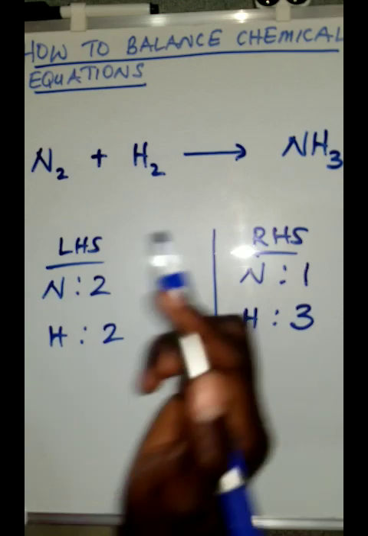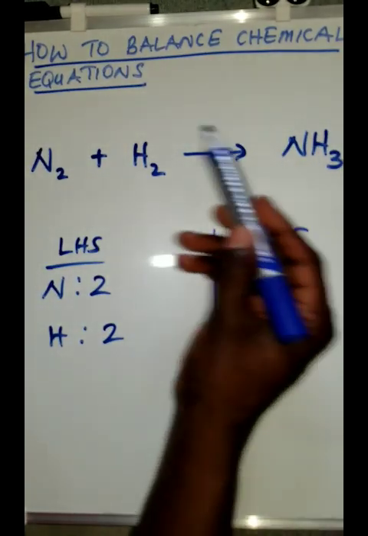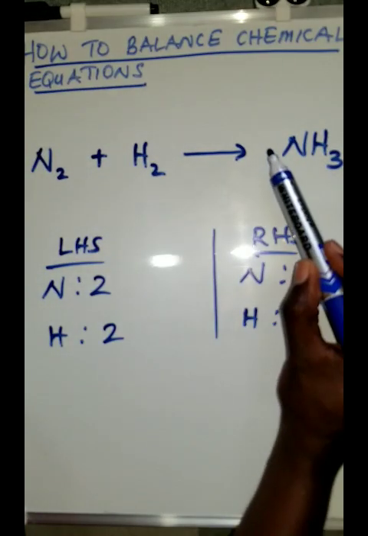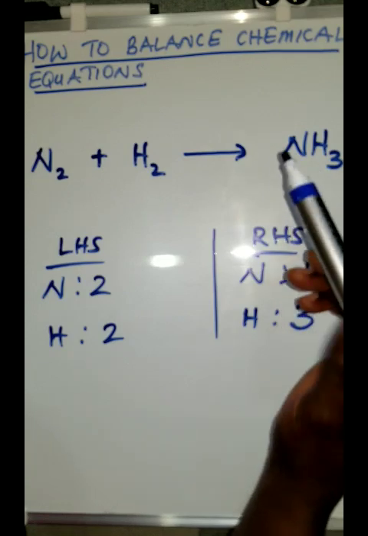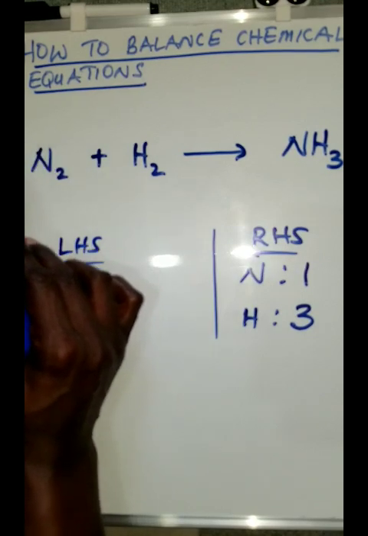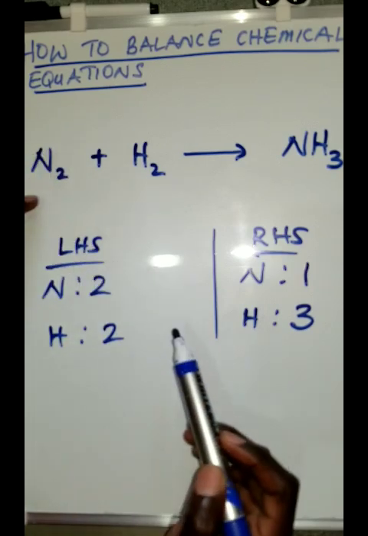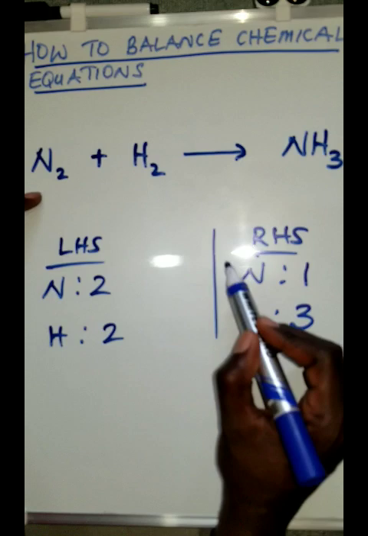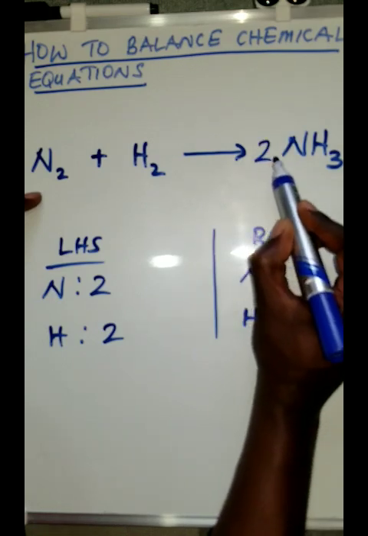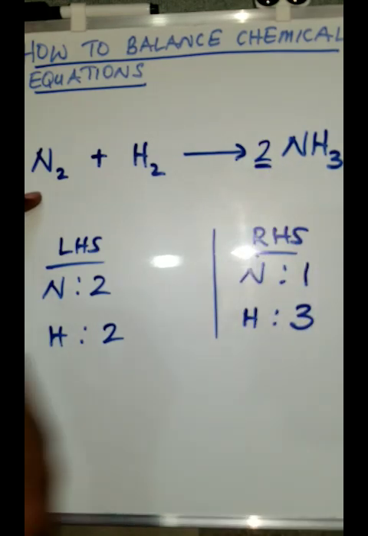Now, for me to balance that one, what I'm going to do is add a number, a coefficient, in front there. If you notice, how many atoms of nitrogen are on the left-hand side? There are 2. So to make the right-hand side 2, I can simply add a coefficient of 2 in front.